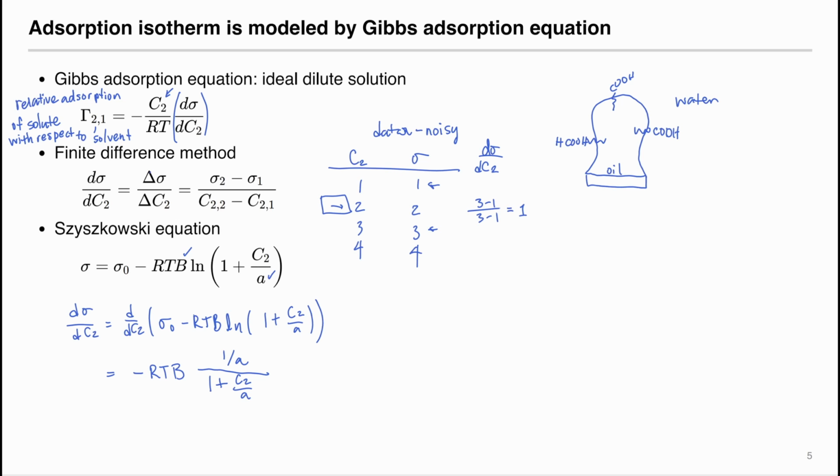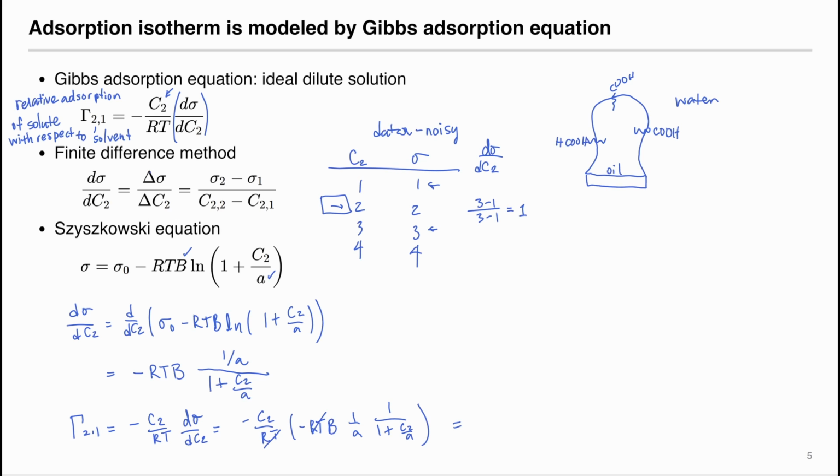We have calculated d sigma over d C2, and we substitute that into the original Gibbs adsorption equation, which is negative C2 divided by RT multiplied by the derivative. Substitute that in, we have negative RTB multiplied by 1 over A and 1 plus C2 divided by A. We cancel out the RT and we rearrange this whole thing.